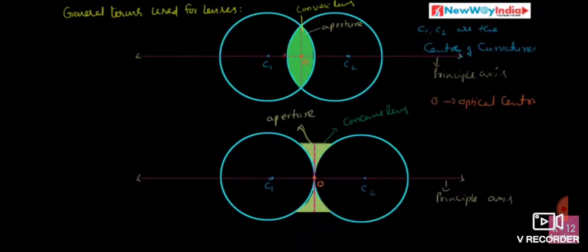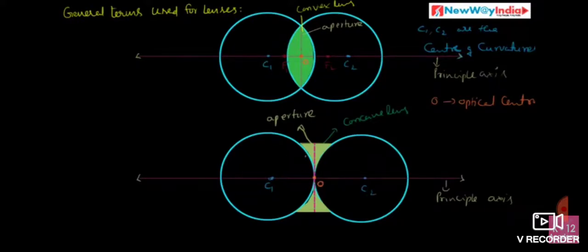This point is called the principal focus. These are F1 and F2. So this is the principal focus of the convex lens.